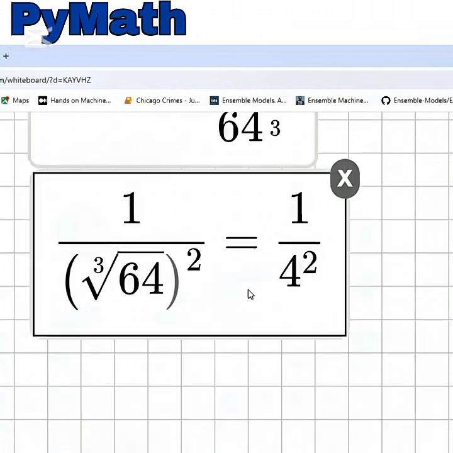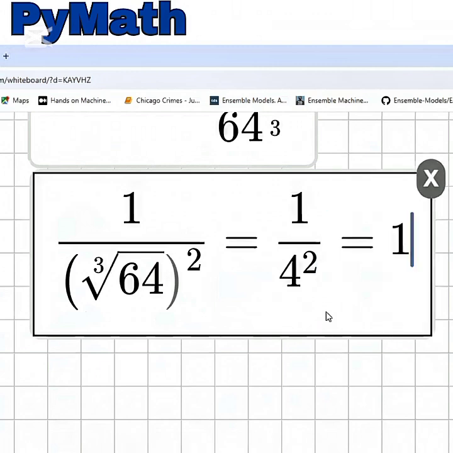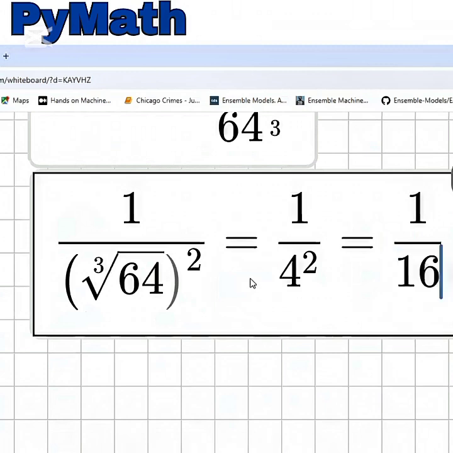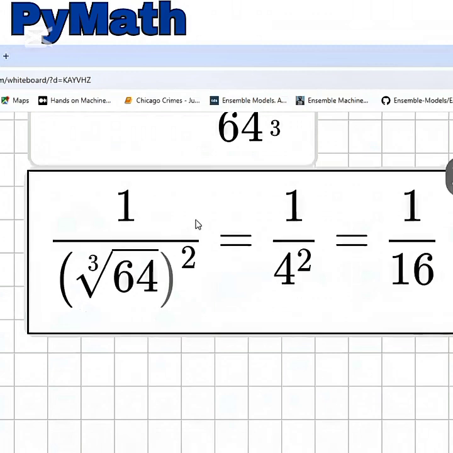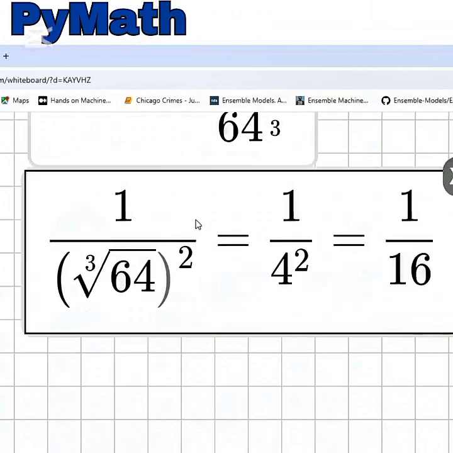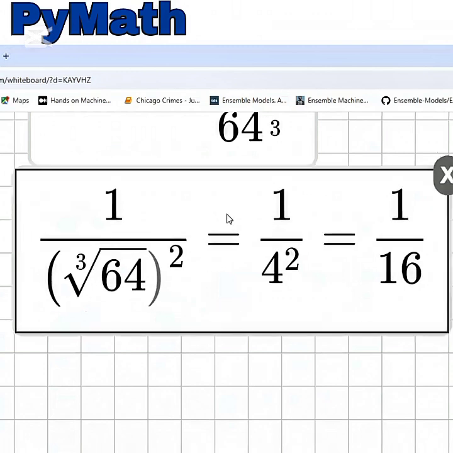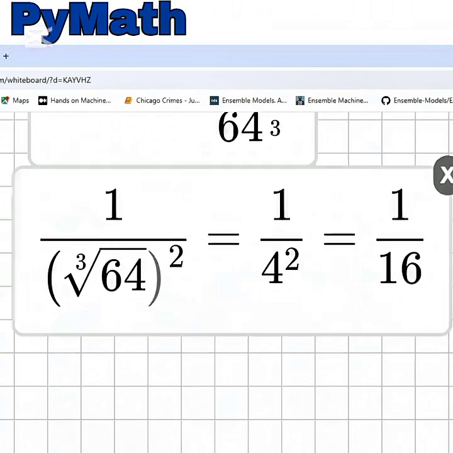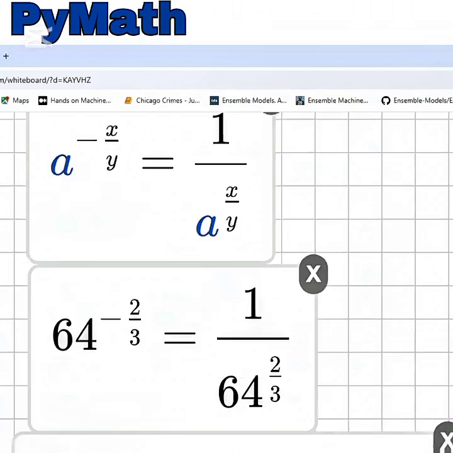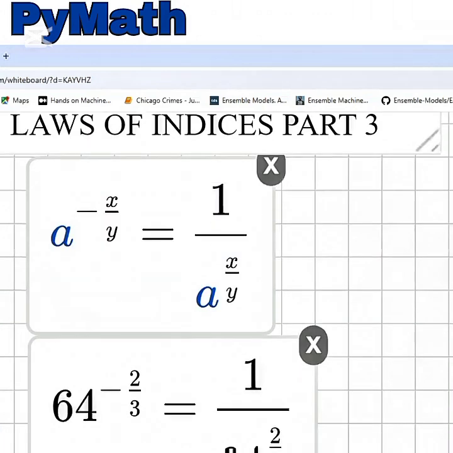Taking this further, this becomes 1 over 16. So expressing this, we finally get 1 over 16. This is a way of dealing with fractional indices.